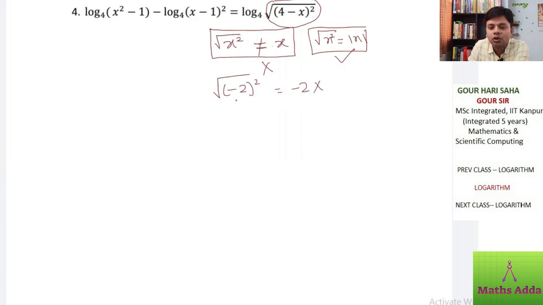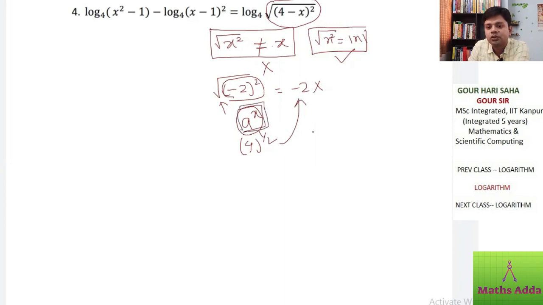Why? Because a square root is never negative. This is in the a to the power x format, and a is this term. So it is 4 to the power root, 4 to the power half. How can it be minus 2? 4 to the power half cannot be minus 2 because a to the power x is always positive.